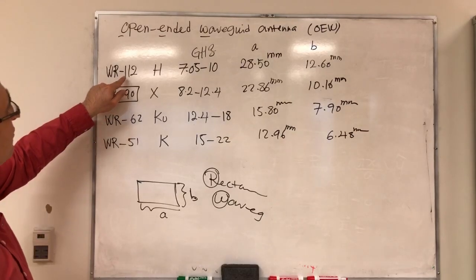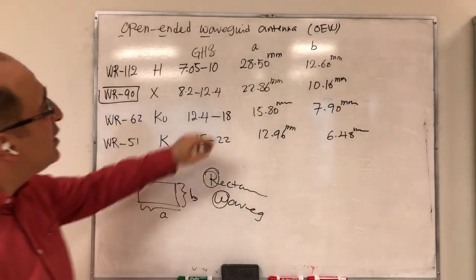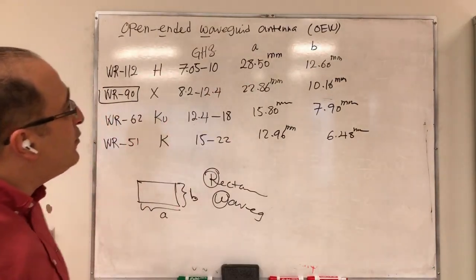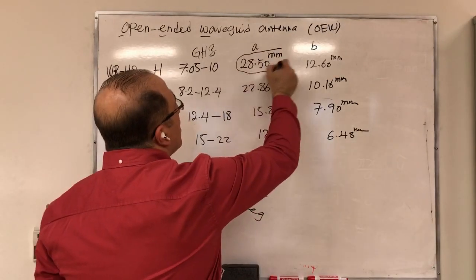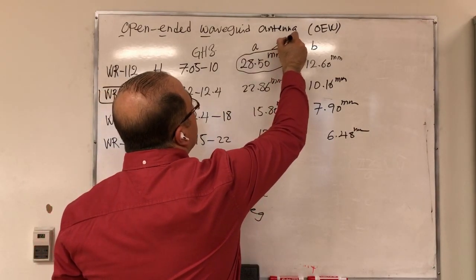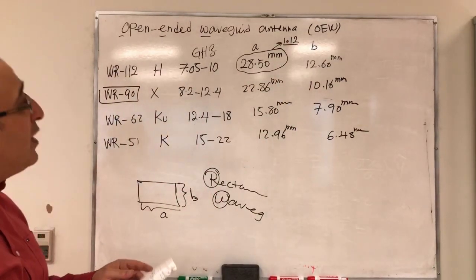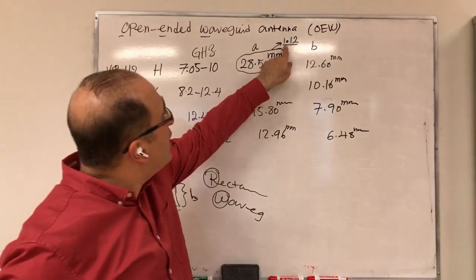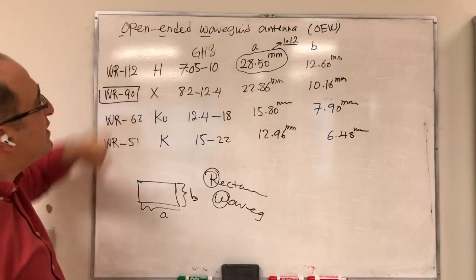And then about these 112, 90 and things like that, you can convert this to inch. If you convert this one to inch, that's going to be 1.12. So it's going to be 1.12 in this case. And now if you compare 1.12 with 112, you see why this is named like that.